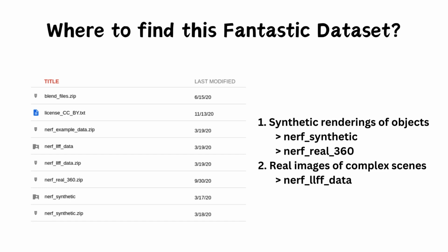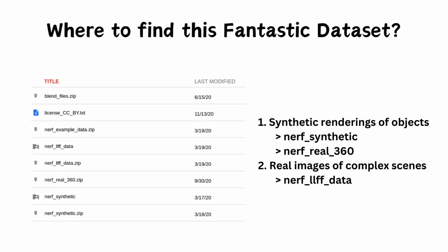The dataset real images of complex scenes has results on complex real world scenes captured with roughly forward facing images. This dataset consists of 8 scenes captured with a handheld cell phone, 5 taken from local light field fusion, and 3 that they have captured with 20 to 62 images, and hold out 1/8 of these for the test set.